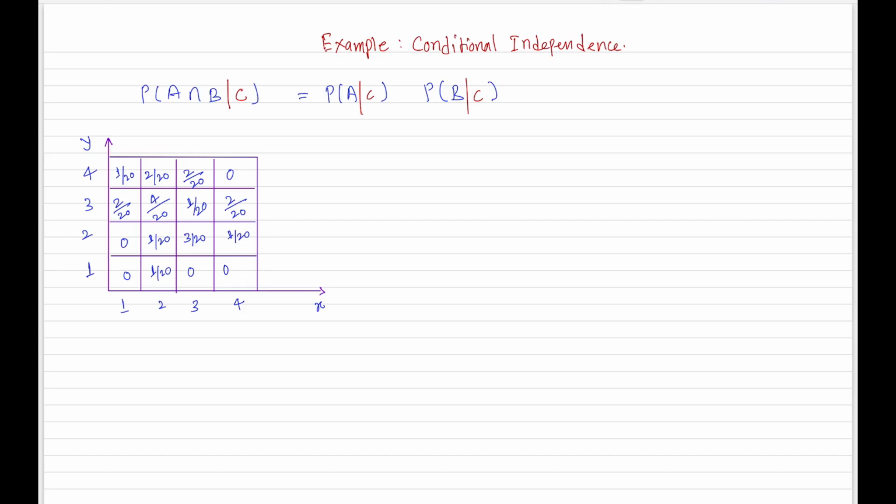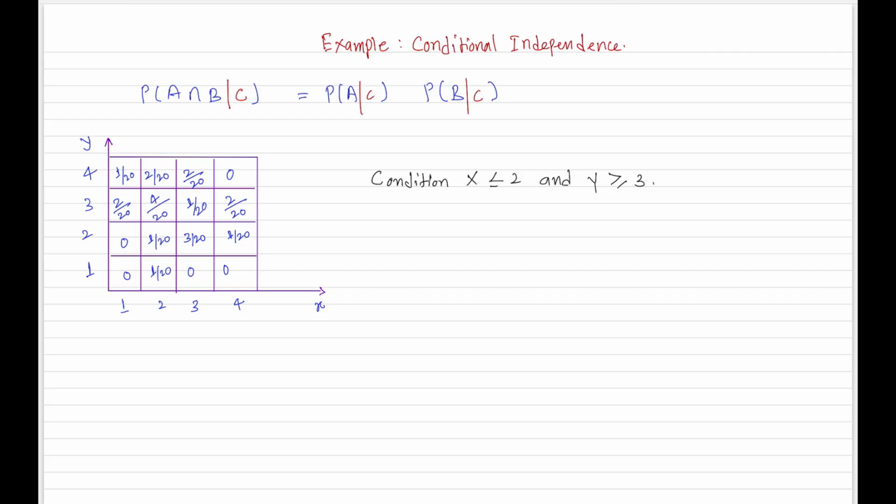Let's say we are given this condition that random variable x is taking the value less than or equal to 2 and random variable y is taking the value greater than or equal to 3.